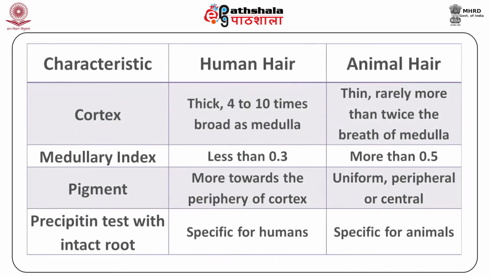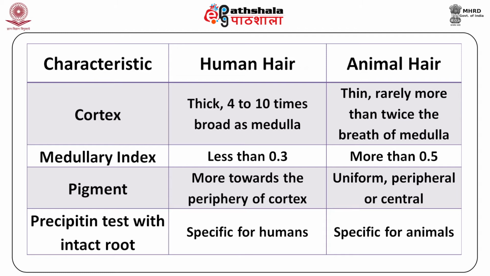The next characteristic on the basis of which animal and human hair can be differentiated is the cortex. Cortex is thick in case of humans, 4 to 10 times as broad as the medulla, whereas in case of animals it is thin and rarely more than twice the breadth of the medulla.